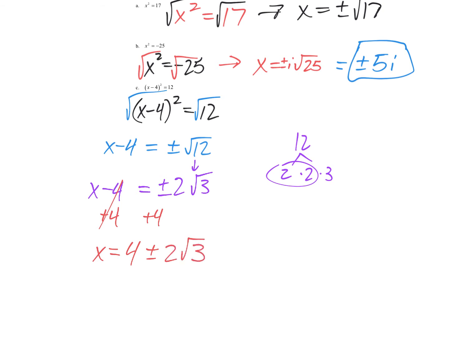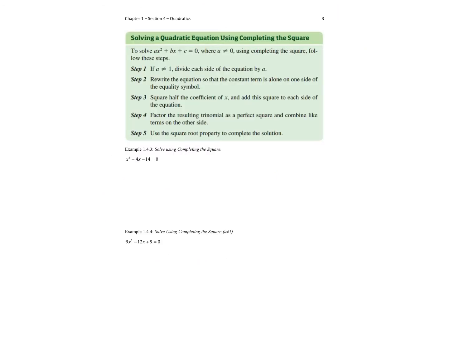And you could also write this expression separately as 4 plus 2 root 3 and 4 minus 2 root 3. Okay, so the expression in red here and the two that I wrote in black are the same thing. You could interchange them, but in black you need to write both.